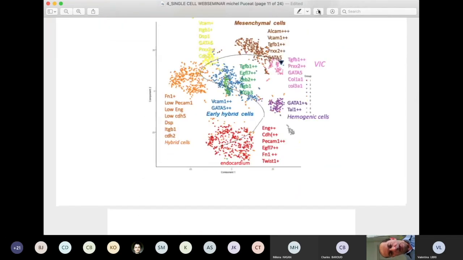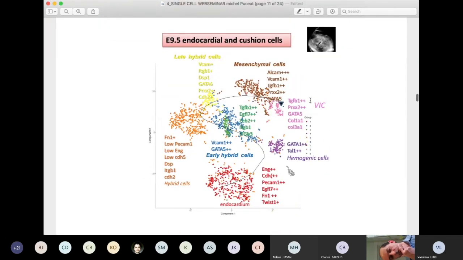Okay, so to see much better how the cells undergo EMT, we use Scorpius, which is an inference method to be able to see the progression in terms of transcriptomic profile of the cells.